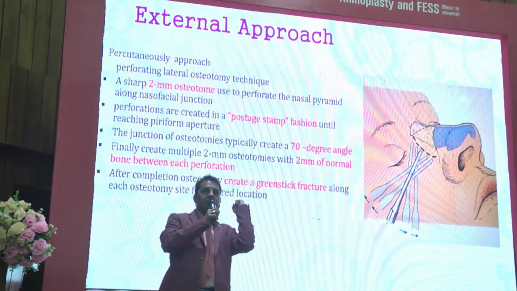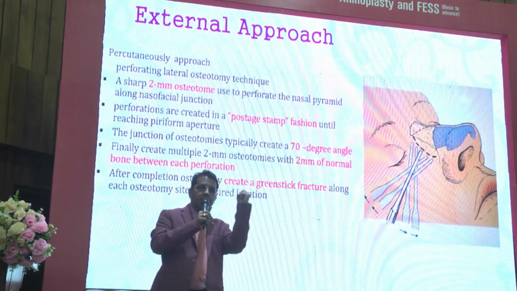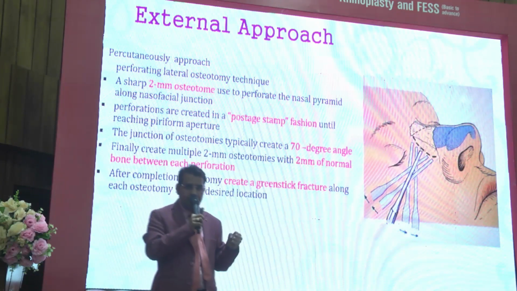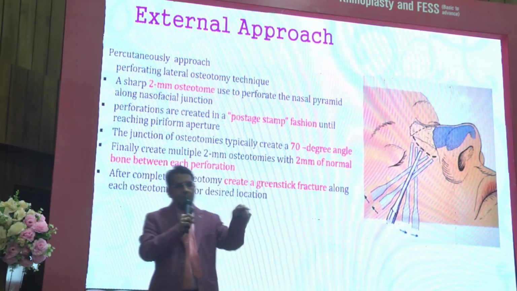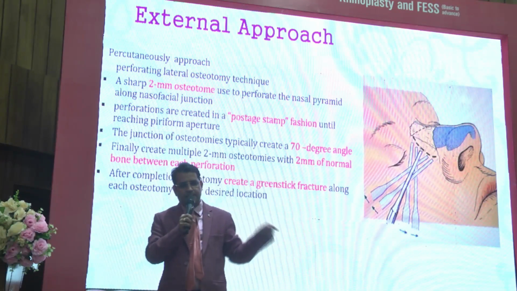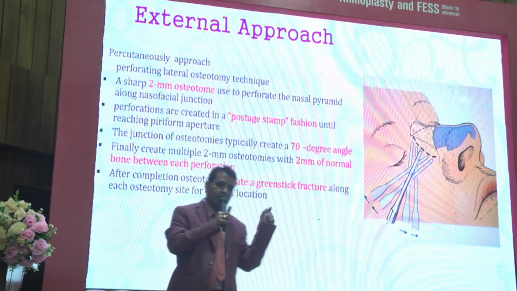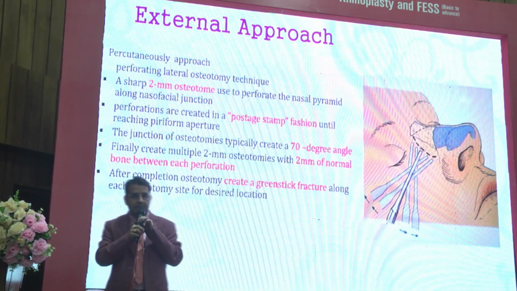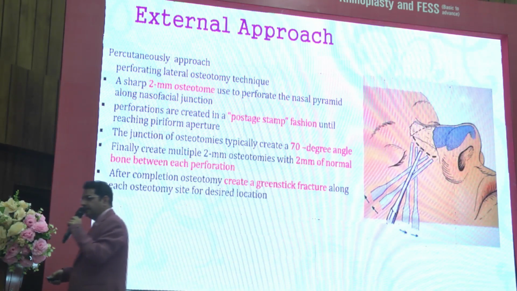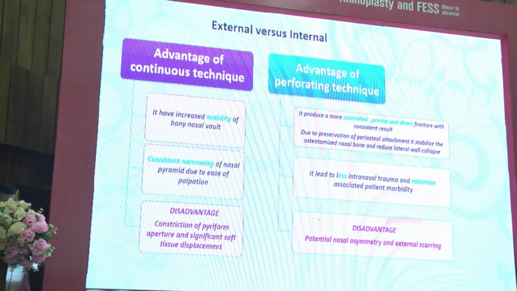Because if you engage at 90 degrees, if someone hits, you may injure your bony septum. Through the same incision, make 2 or 3 or 4 perforations, and ideally the distance between two perforations is 2 mm, so you have a better greenstick fracture. The merits and demerits we already discussed in the morning.